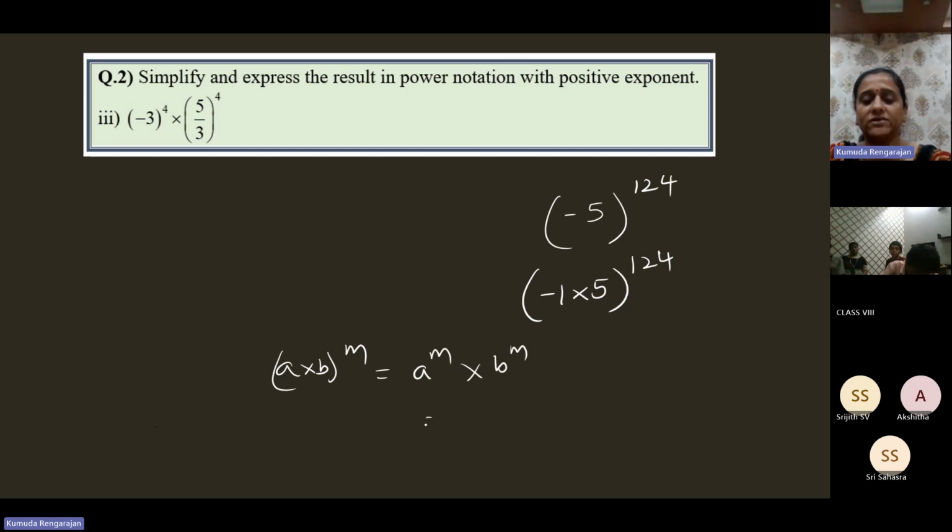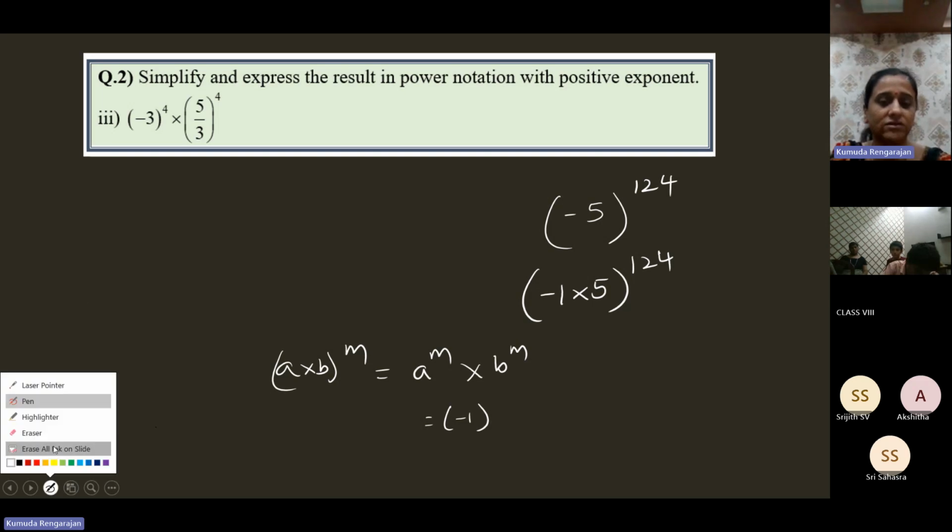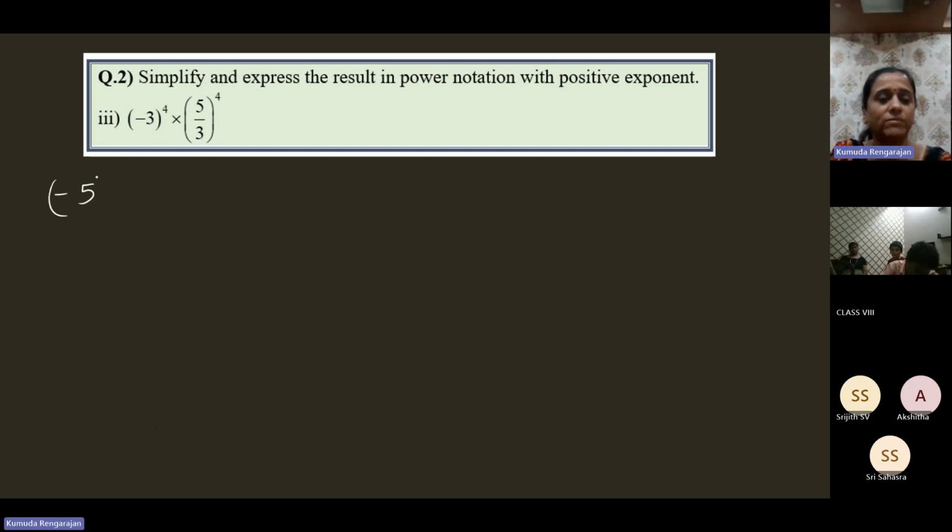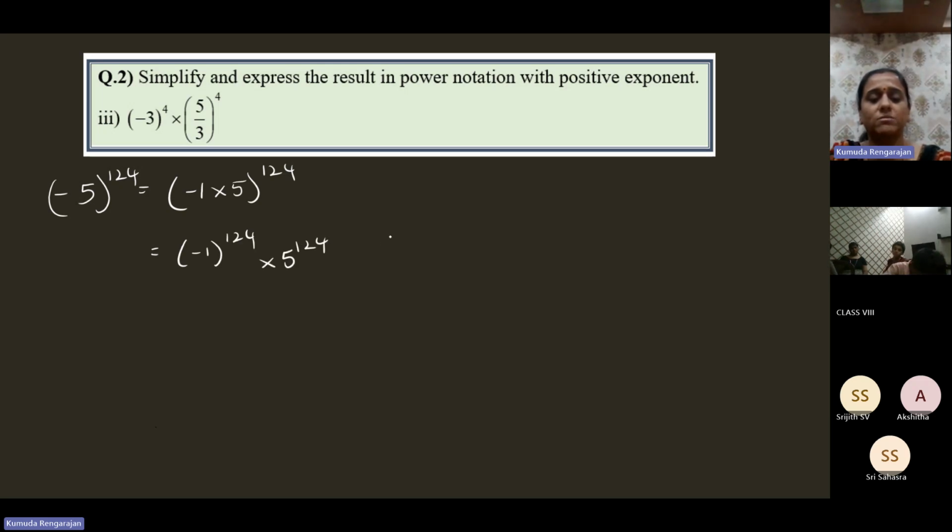So let me write it neatly here. Minus 5 to the power 124 can be written as minus 1 into 5, the whole power 124, which is minus 1 to the power 124 into 5 to the power 124. Because a into b, the whole power m, can be written as a power m into b power m.